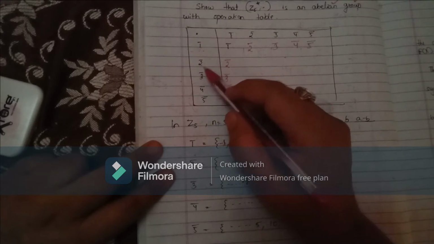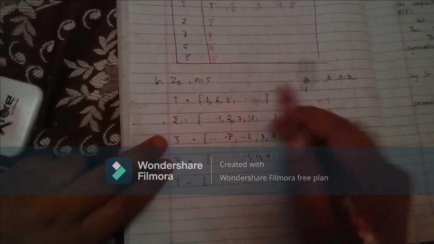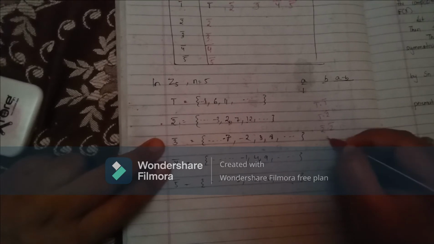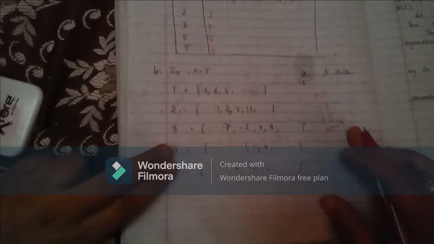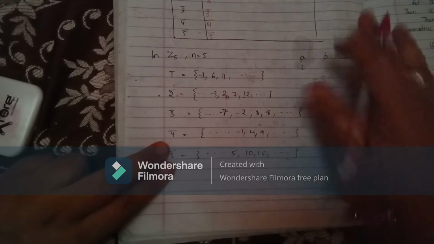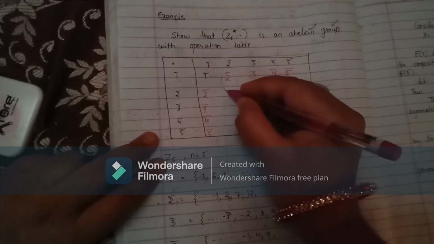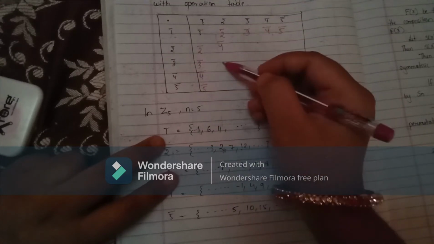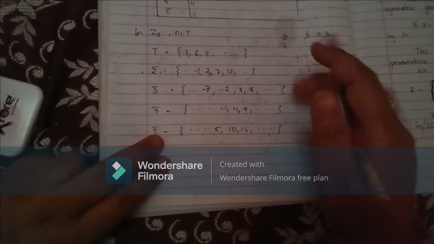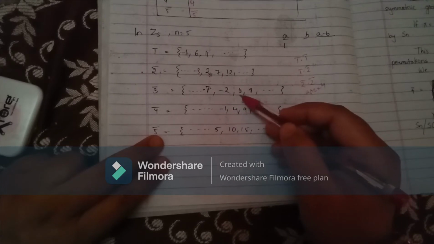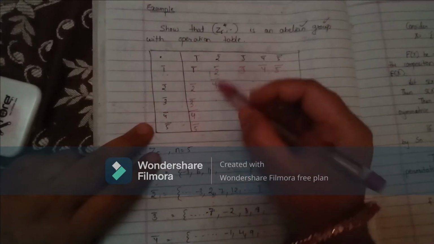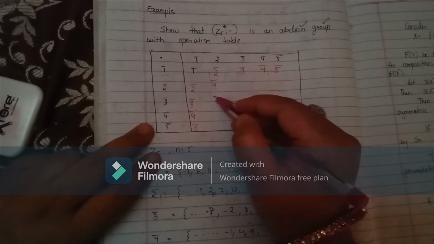Okay, now 2 multiply 2, that means I will take 2 from 2 class, so 2 multiply 2 is 4. Okay, and 4 comes in 4 equivalent class, that means it will be 4. Then 2 multiply 3, 2 threes are 6 and 6 comes in 1, so 2 multiply 3 is 1.